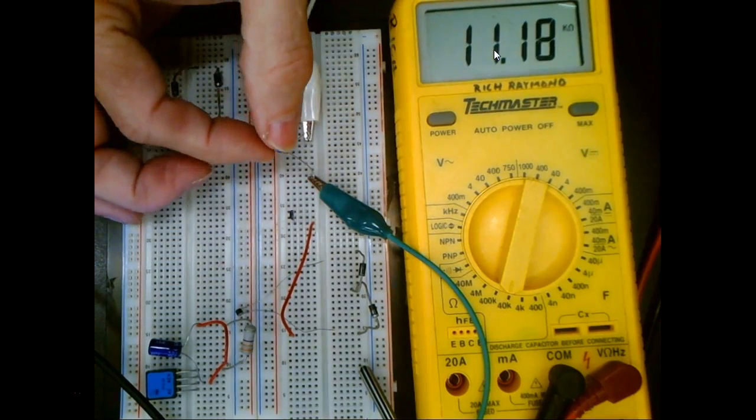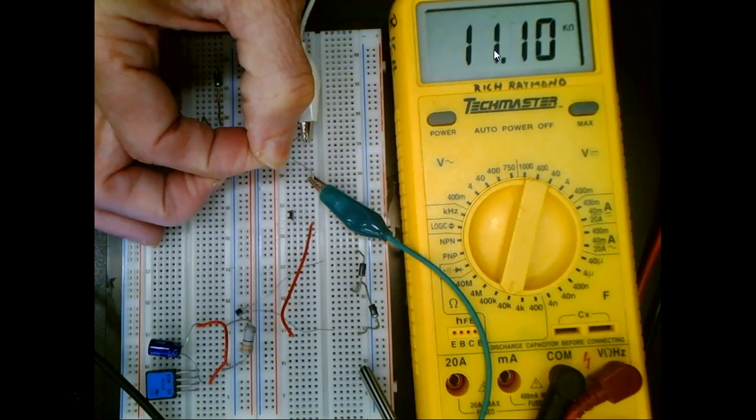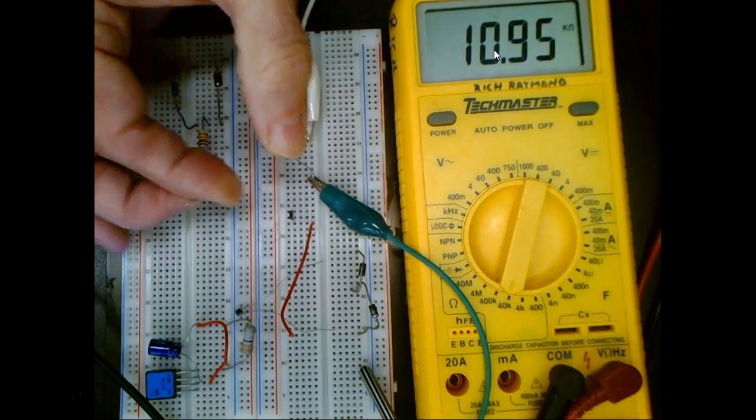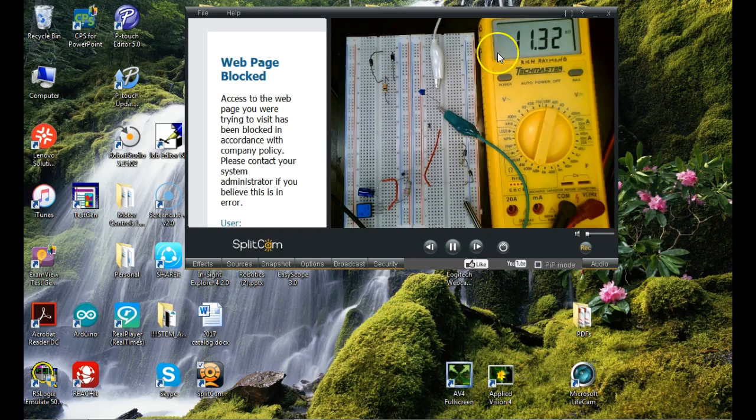It's probably better to see. And this is just me, right? 98.6. Notice what it starts doing? Resistance starts dropping. And then when I let it go, what happens to the resistance? It's going up. So this is what we call a negative temperature coefficient.